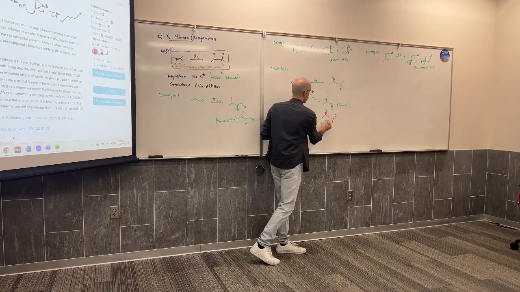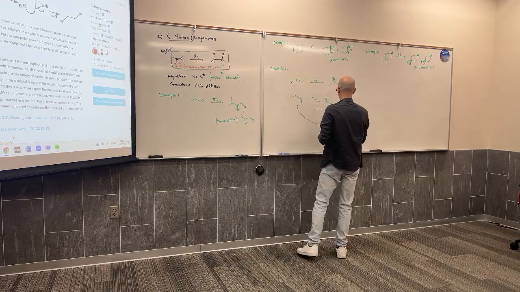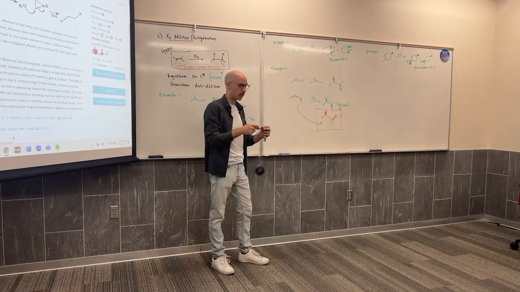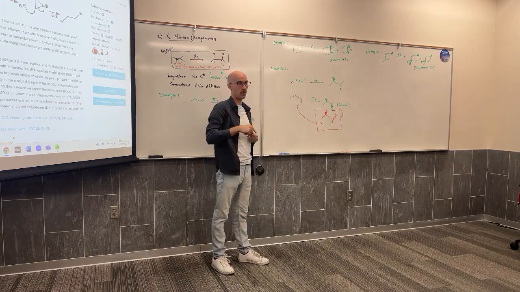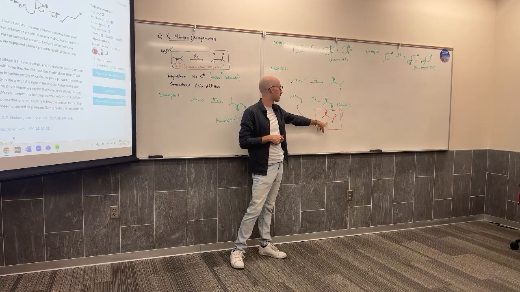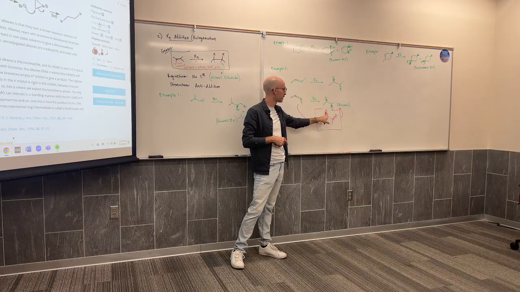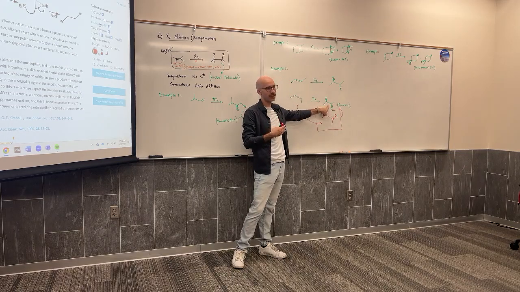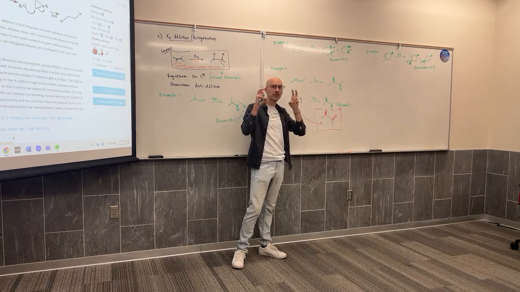This is the conformation it formed in, and this is the conformation it rotated into in order to lower its strain. This is an eclipsed conformation, this is staggered. So this is how it forms, anti-addition, and it rotates into a low energy, what looks like syn addition.